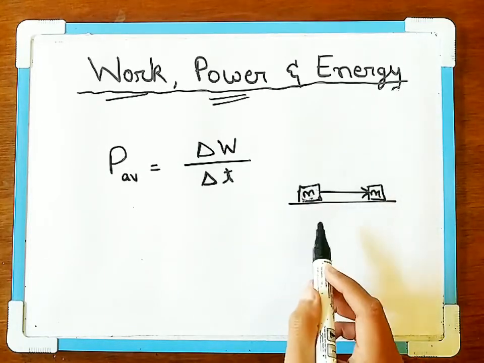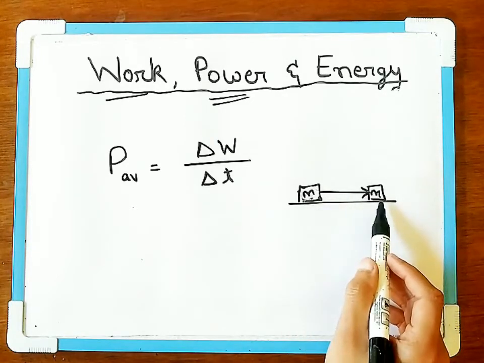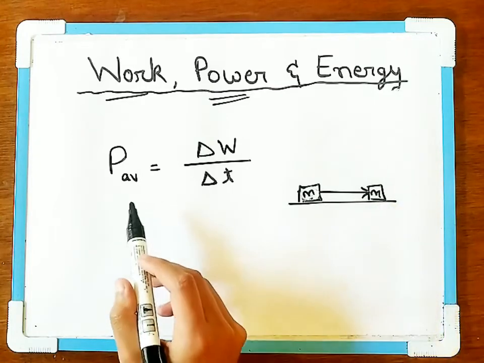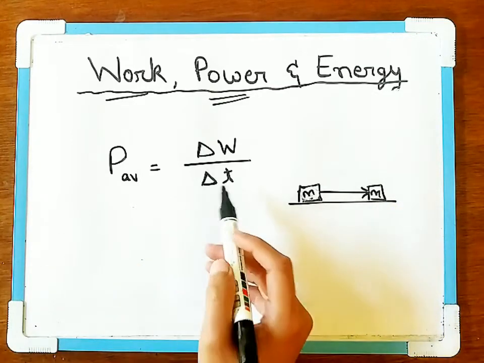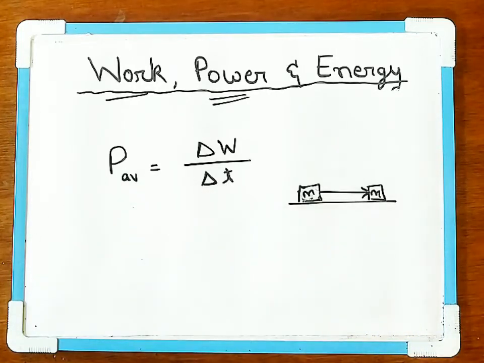If the time taken for the displacement is small, then the power will be large. So if this del t is small, then power will be large. Power gives us the idea of how much work can be done in the given time. If you have more power, then you can perform the work faster, that is, you can displace the object faster.